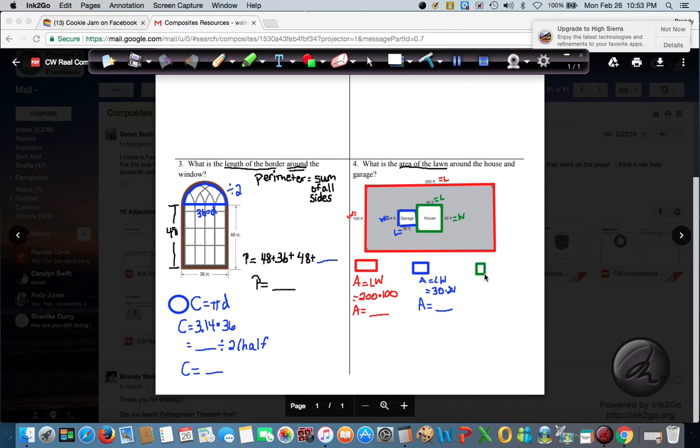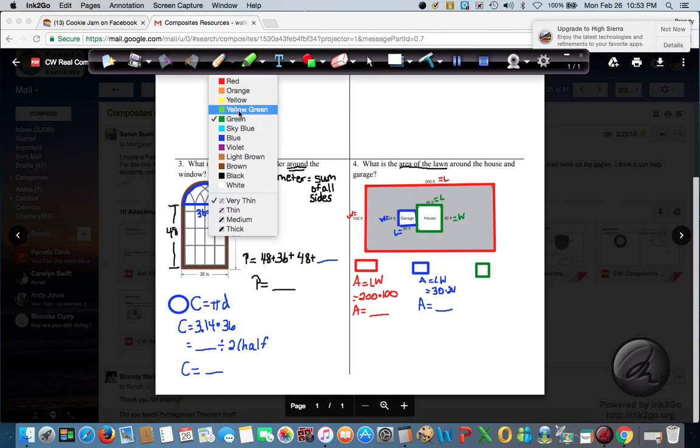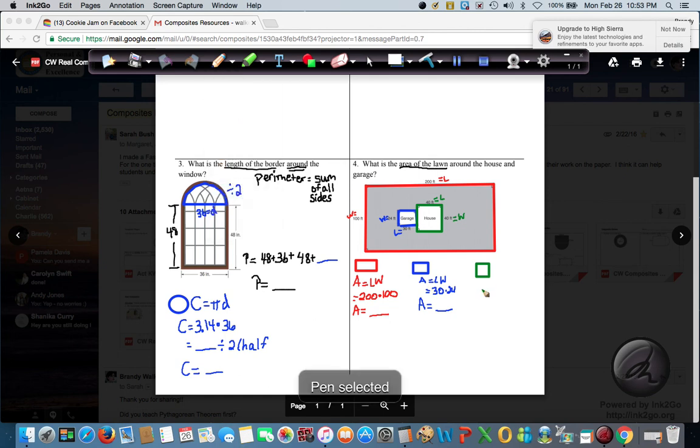It's just easier. I mean, you're still multiplying the same things. So in this case, area equals length times width. And our length is 40 and our width is 40. So this one's going to be 40 times 40, which I hope by now you know is the same thing as saying 40 squared. So that's going to give me the area of the house.